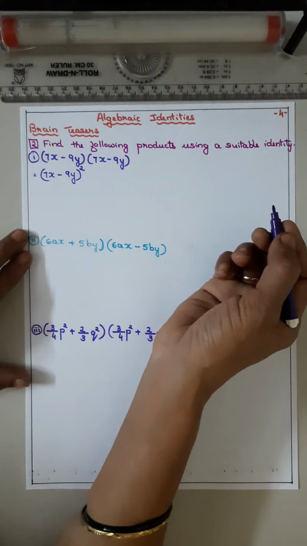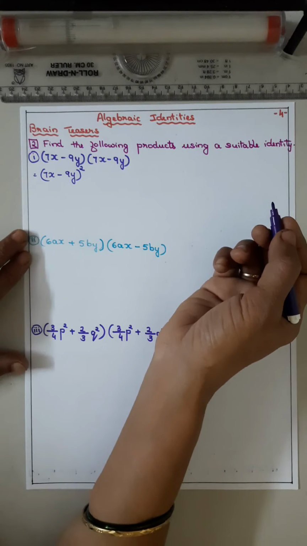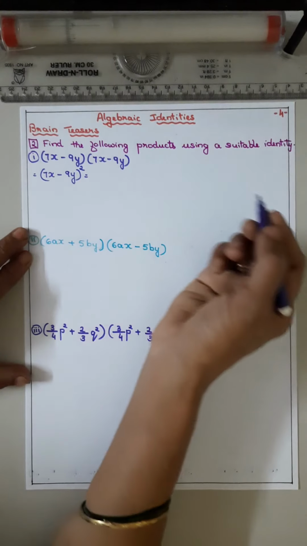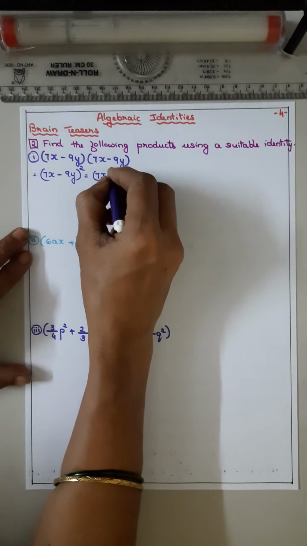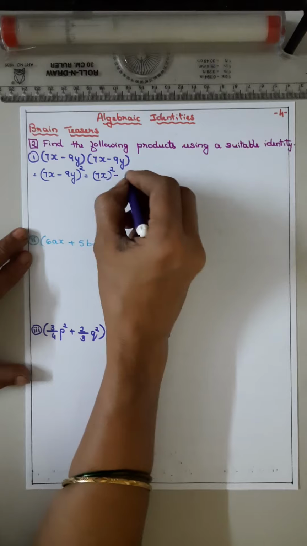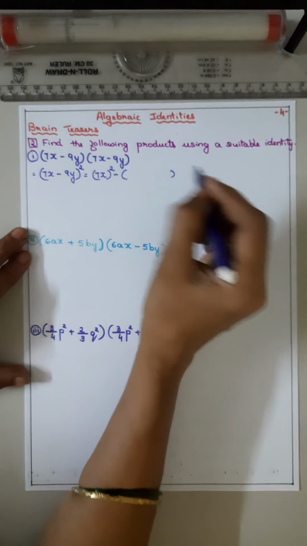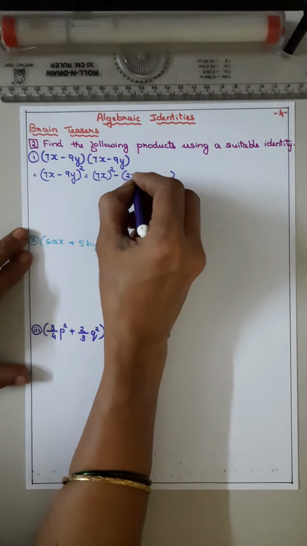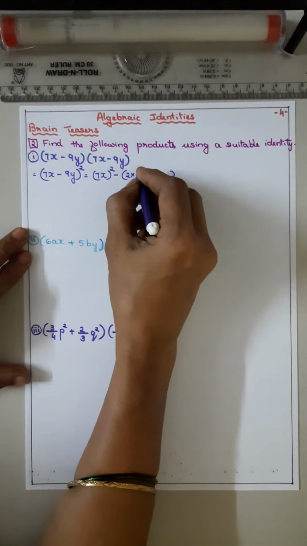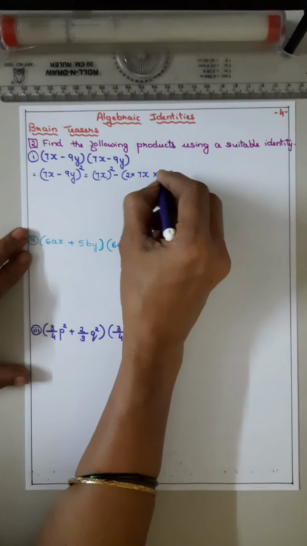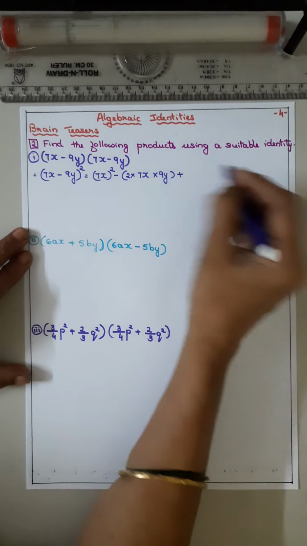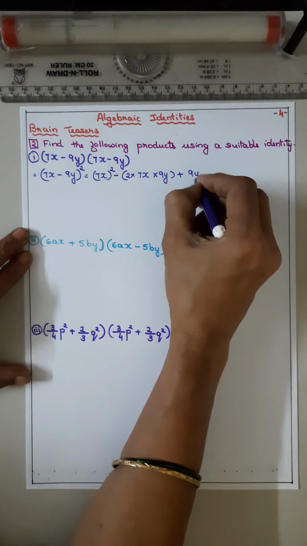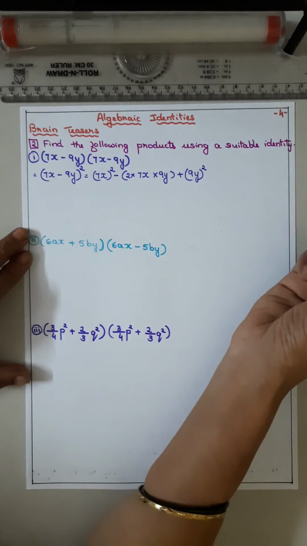This is which identity? Second, a minus b the whole square. Okay, now it became 7x the whole square minus 2ab, 2 into a is 7x, b is 9y, plus b squared, 9y the whole square.